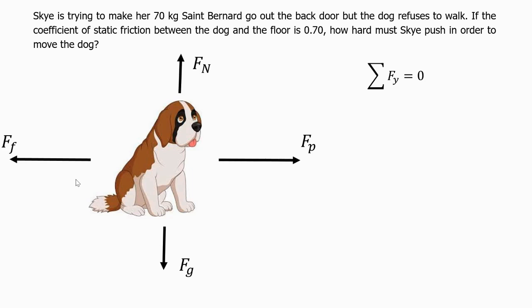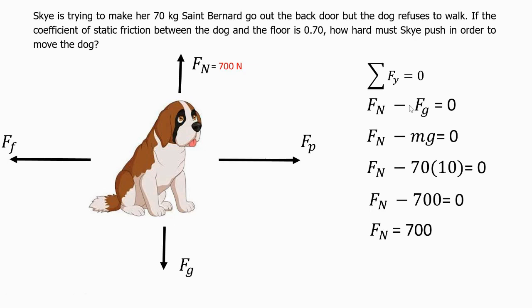To start, remember we can't find the force of friction using our equation unless we know the normal force. The normal force is in that equation. So we're going to find the normal force first. We look at the vertical forces on the dog. Because the dog is balanced at this point, those vertical forces must equal 0. Using the techniques of last chapter, we plug in the forces: Fn minus Fg.